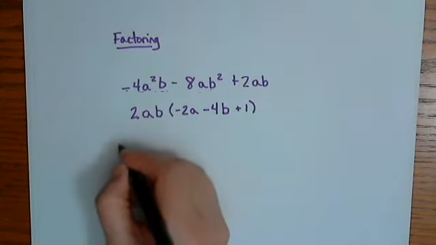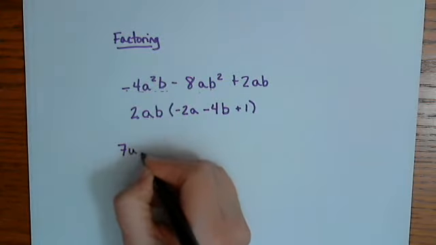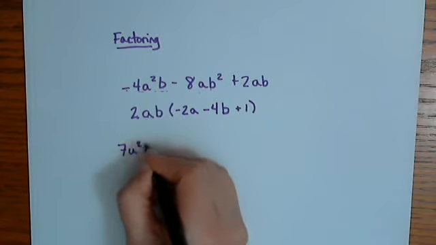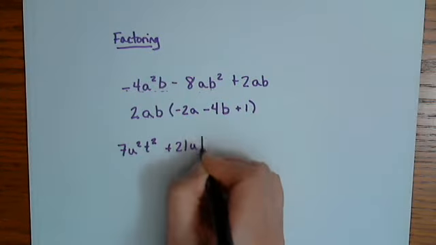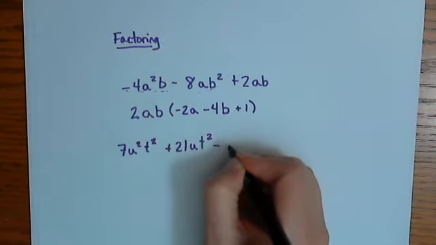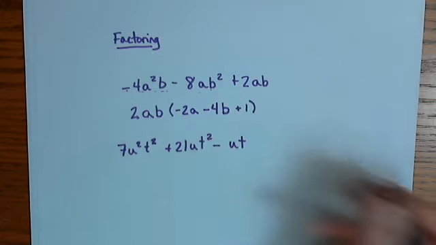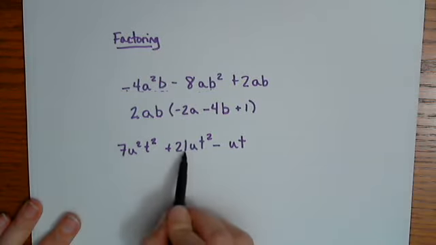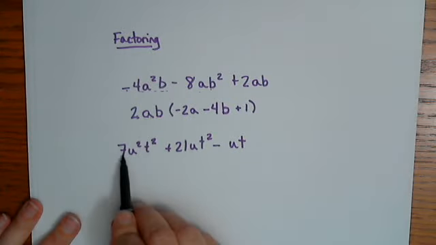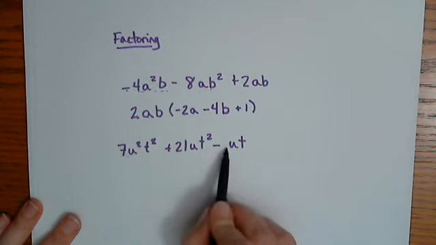My answer is going to start by copying down the problem. 7u squared t squared plus 21 ut squared minus ut. Looking for my greatest common factor, I have a 7, which goes into 21, so I could possibly have a GCF with a 7 on it, but I have no number here.